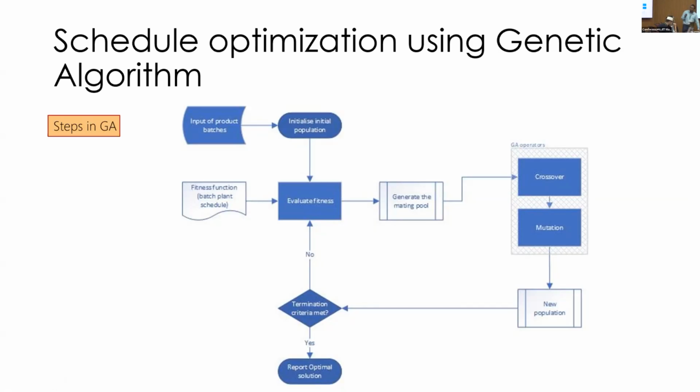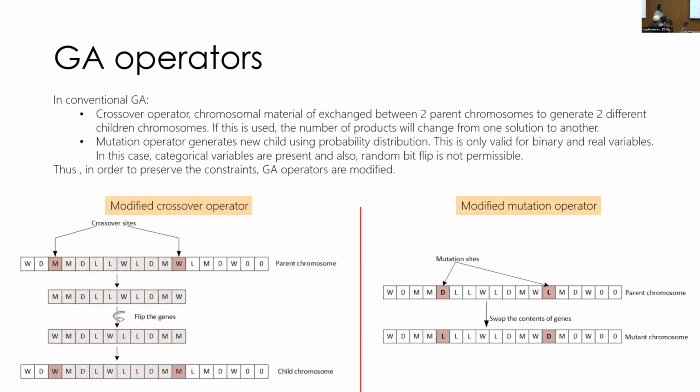Not just the fitness function, we also modified our crossover and mutations. Because in a traditional crossover in GA, you will have two children produced from one crossover. That means your number of populations or the schedule will keep changing. If you traditionally implement the regular crossover, the number of products will change from one solution to another.